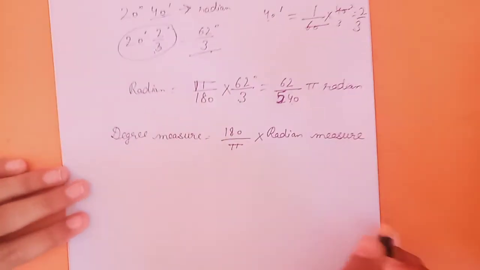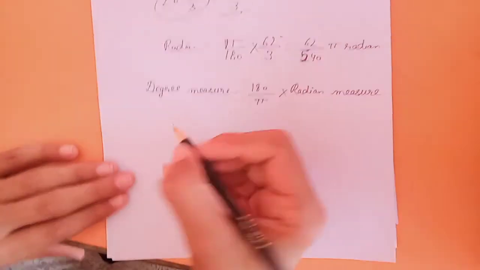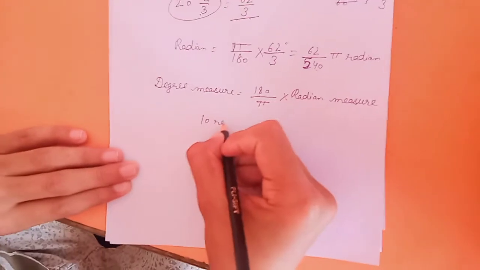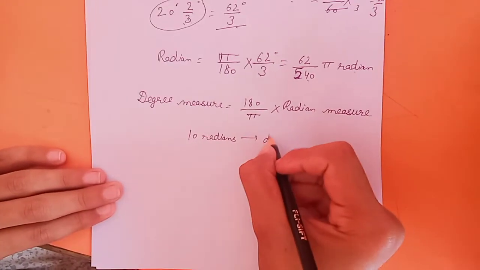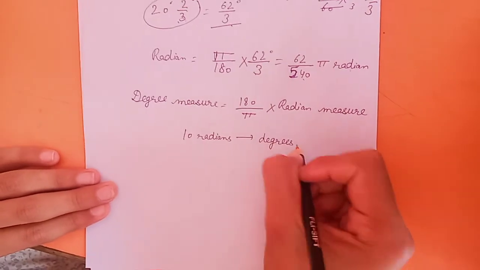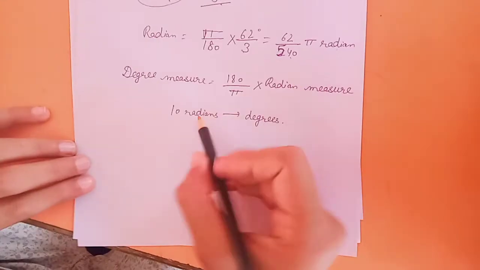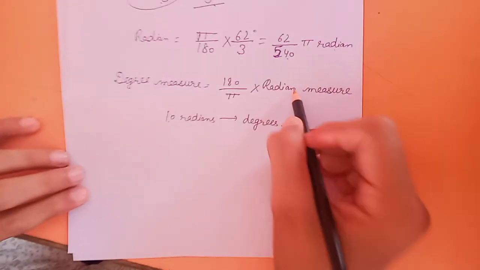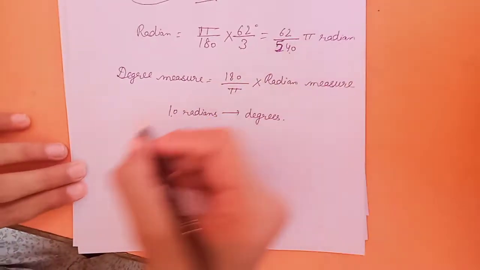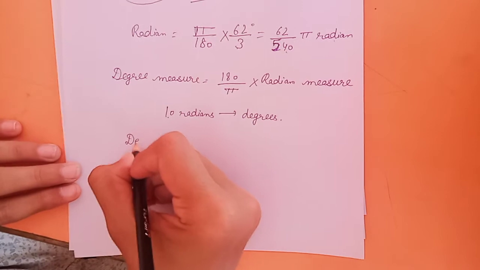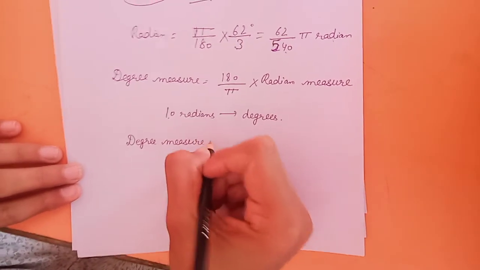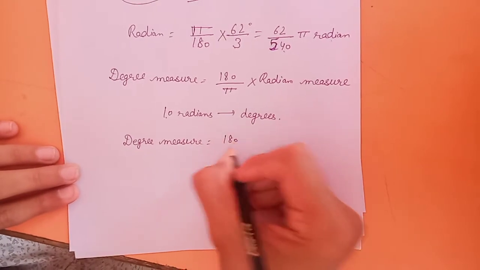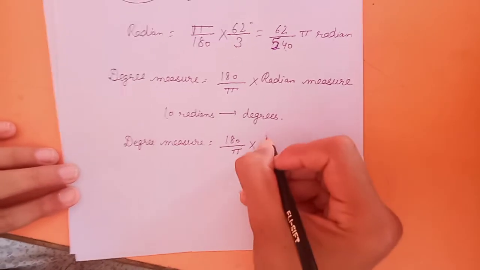Okay, now let us say that we have to convert 10 radians into degrees. We will put the value of 10 here and solve it. So our degree measure will be 180 by pi into 10.